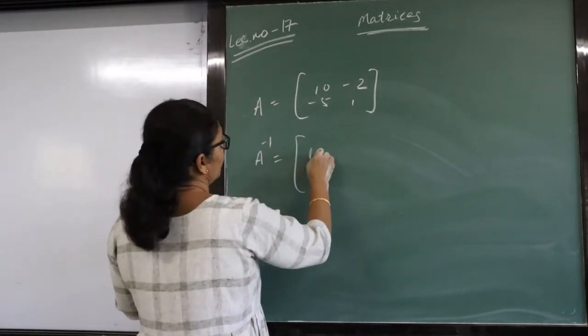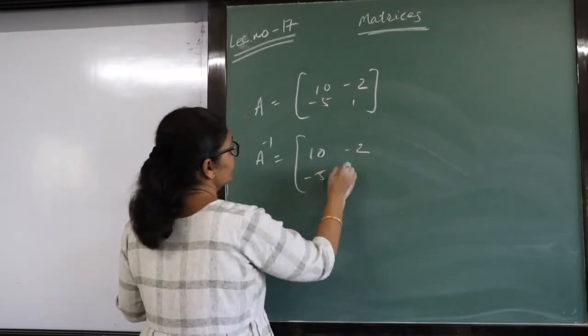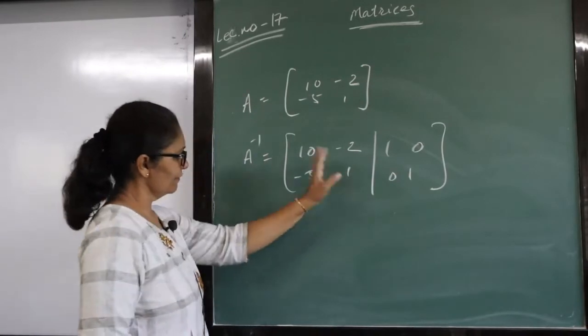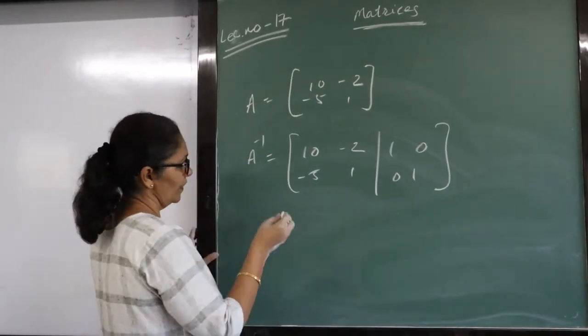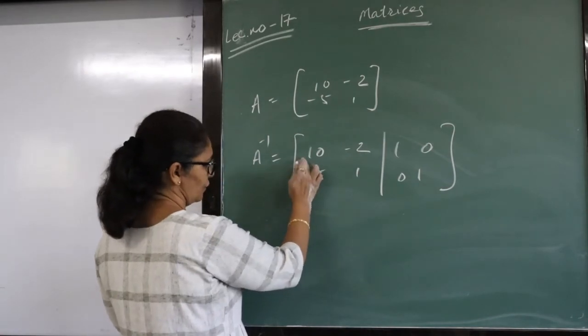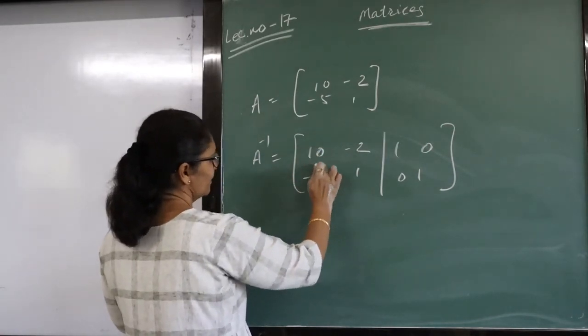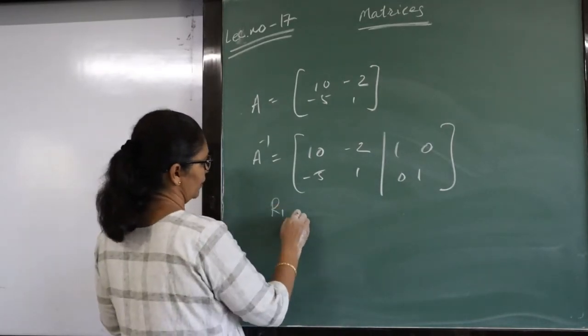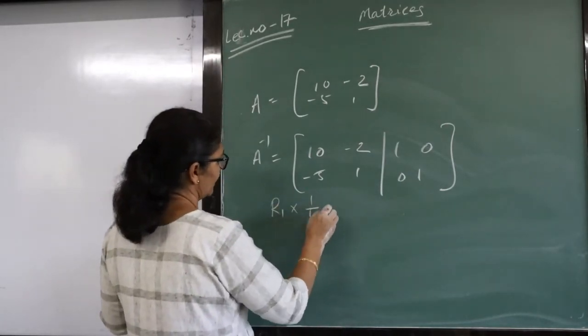So first let's take the matrix and 1, 0, 0, 1. Okay, this is the way of writing how we are solving. Now what to do? If we want to make this one 0, first we have to divide this by 10, then only we can remove it. So first R1 multiplied by 1 by 10.